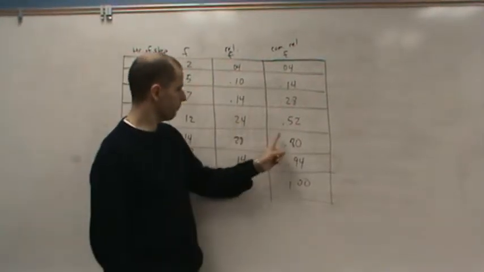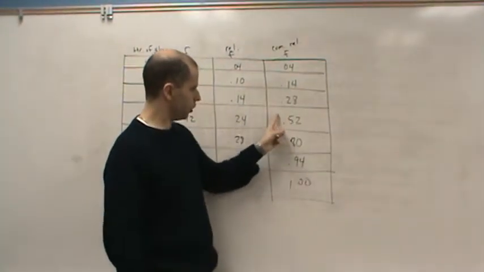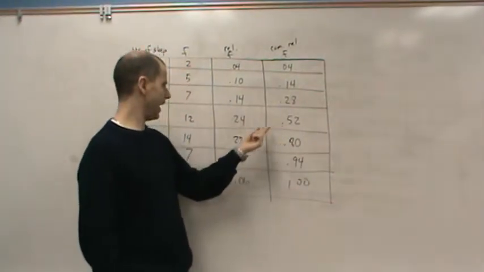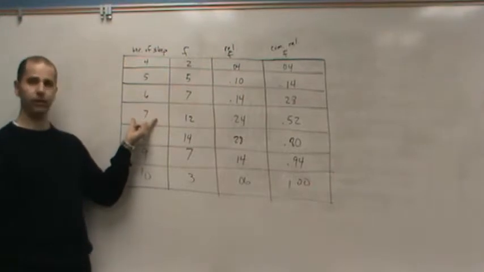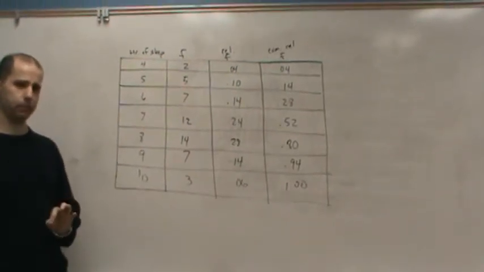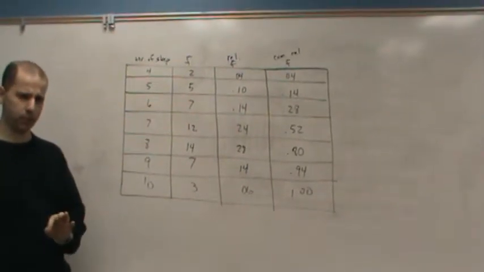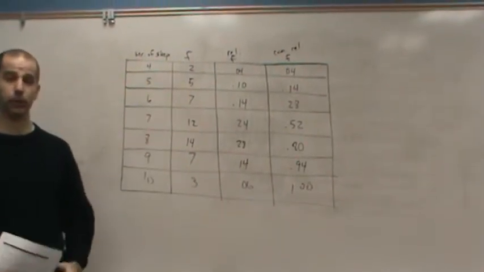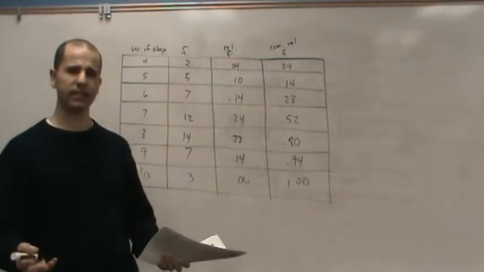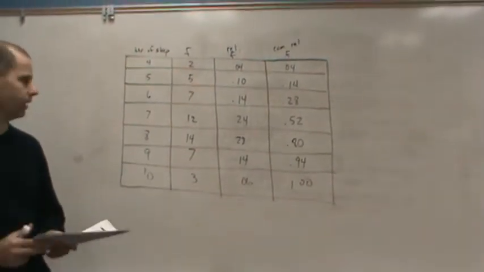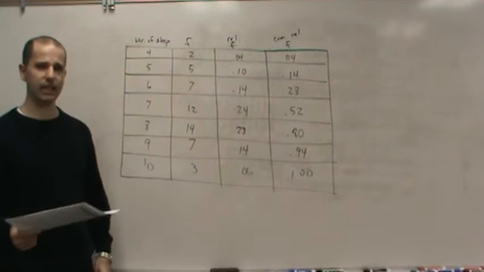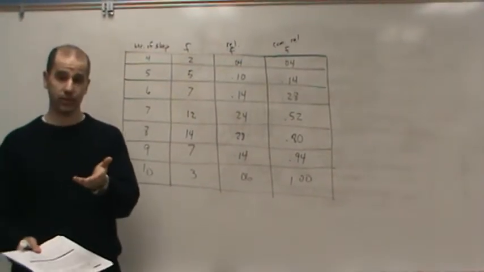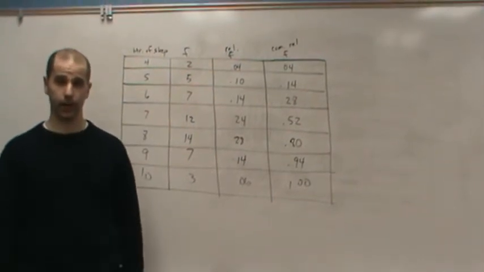Well, look at this. This represents 52%, which is close enough, right? So we could say, hey, 7 hours of sleep represents the 50th percentile. So the median amount of sleep that people get is about 7 hours a night, okay? Or 7 hours of sleep represents the 50th percentile. So if you get 7 hours of sleep, you're in the 50th percentile.